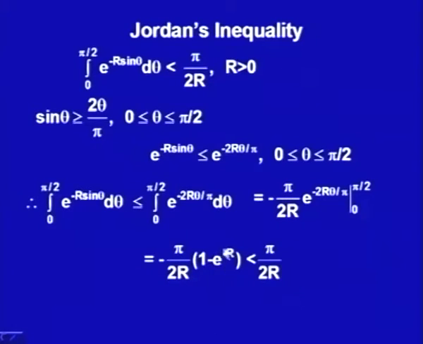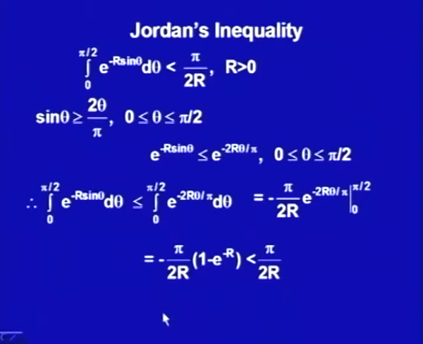Whatever be this r, e to the power minus r is a number smaller than 1, so you do have some positive number minus some positive number. So, certainly it would be less than pi upon 2 r. So, we have shown Jordan's inequality, that the integral from 0 to pi by 2 of e to the power minus r sin theta d theta is less than pi by r.